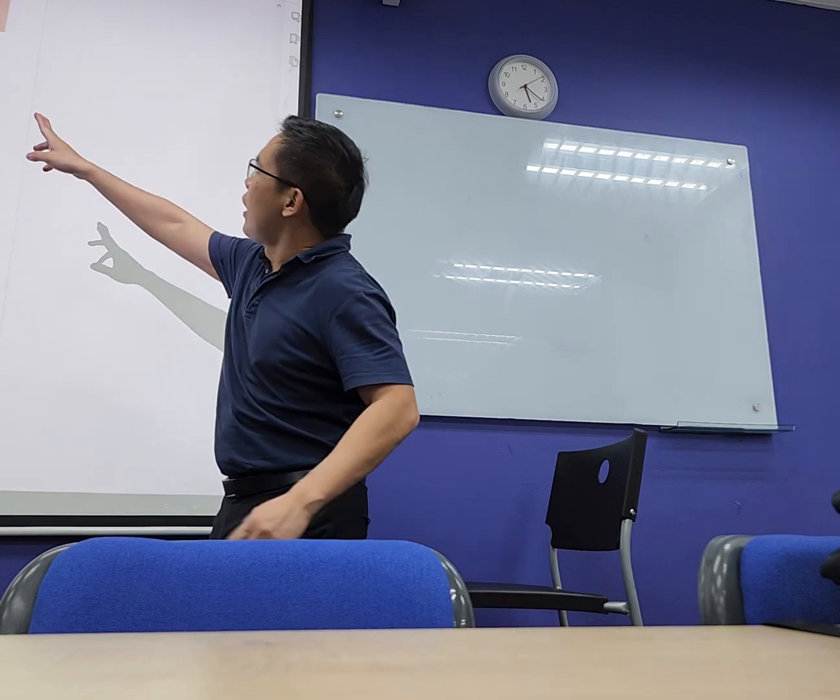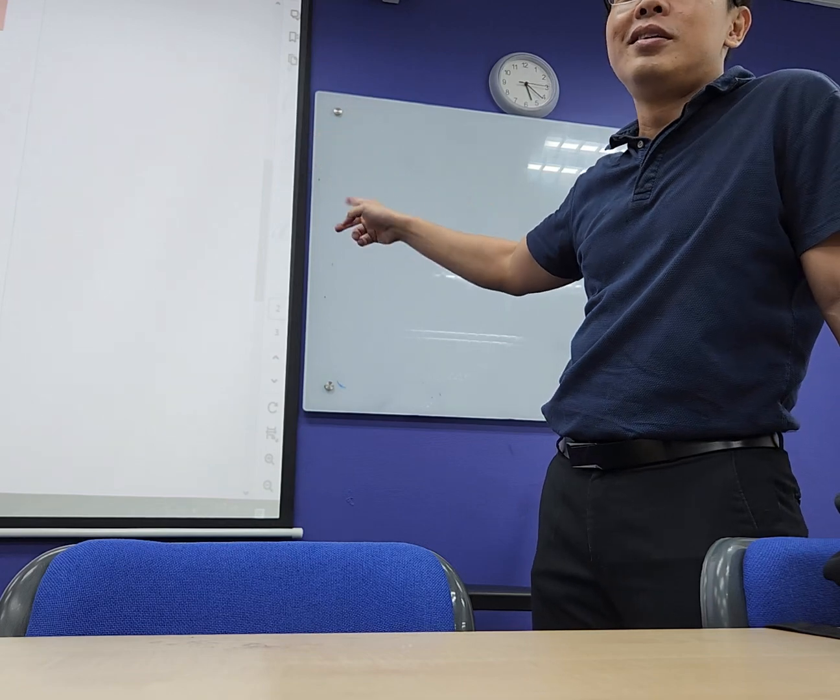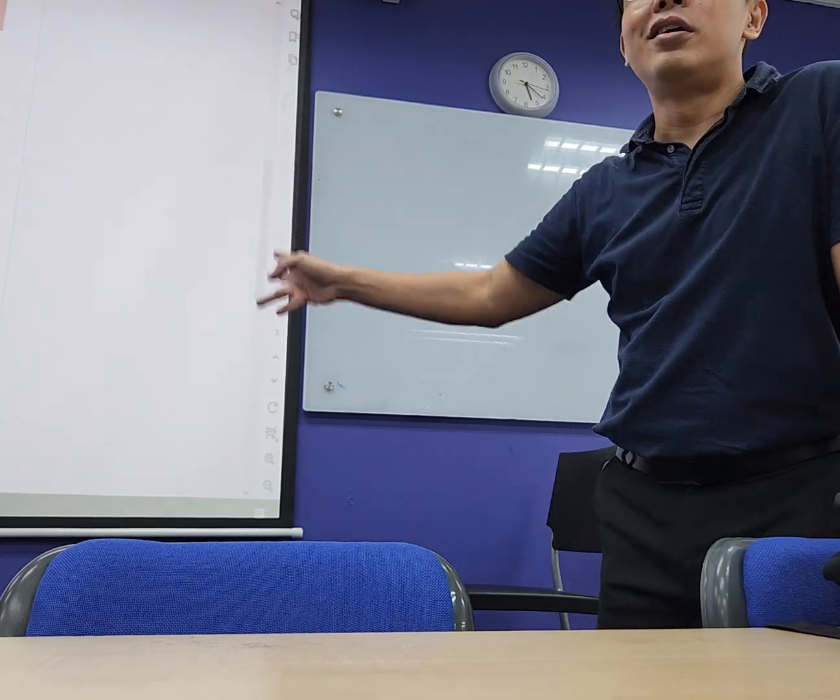Let's do the last one. Can we just focus on the last one? Hey, hello. We have 10 minutes. How much do you want to do for question 2? Draw. Class, how are you going to draw this?